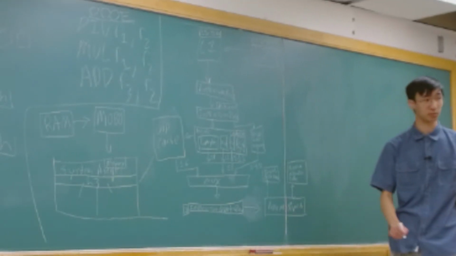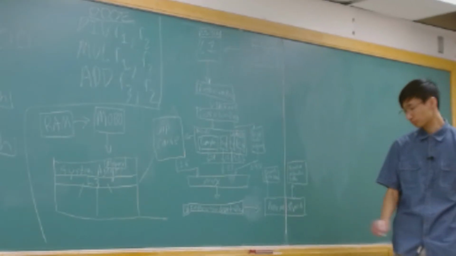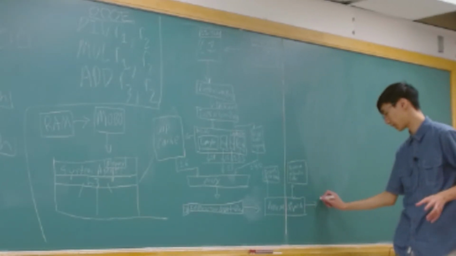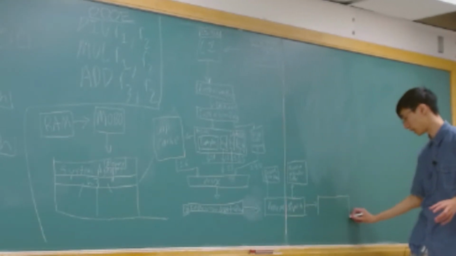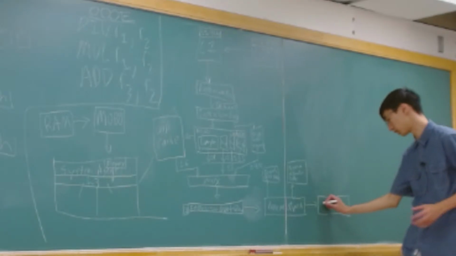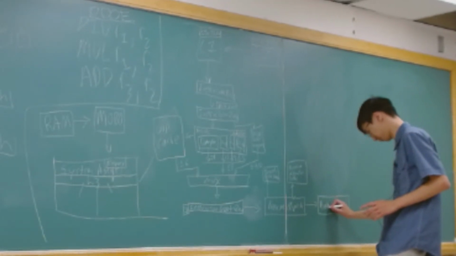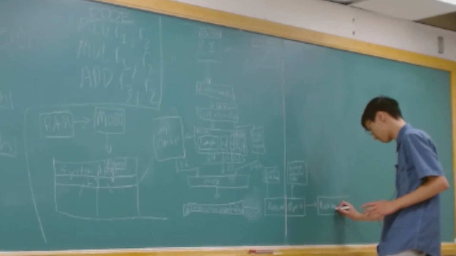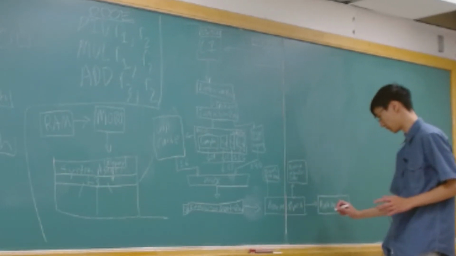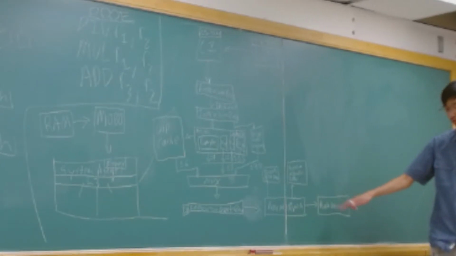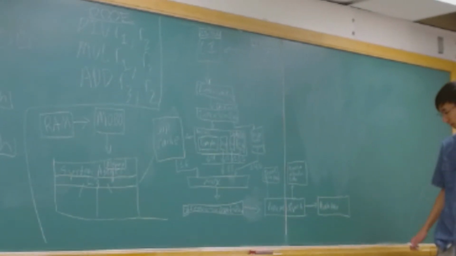And then the other thing that we have is called a reorder buffer. The reorder buffer is where we store our instructions that we want to run. That's typically written as ROB, which I don't know how that happens.